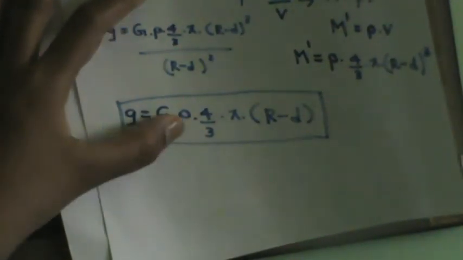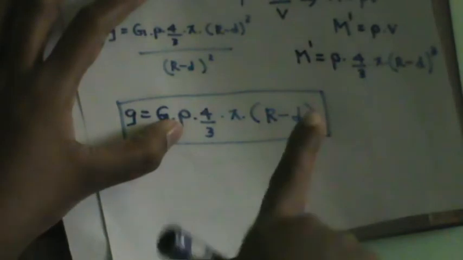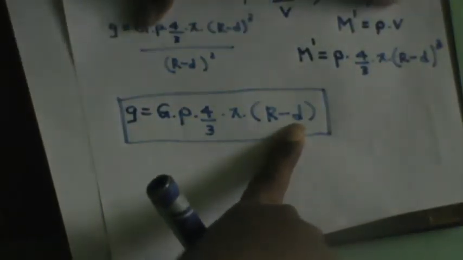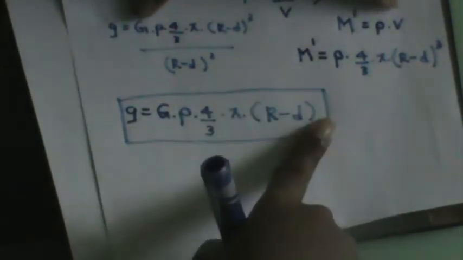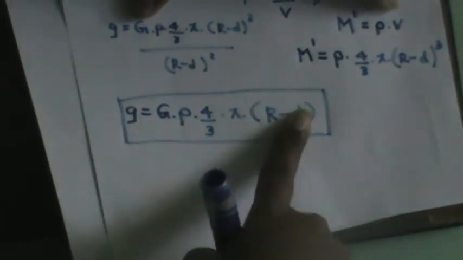If you keep the density of this object constant, then when d is minimum, r minus d is maximum.